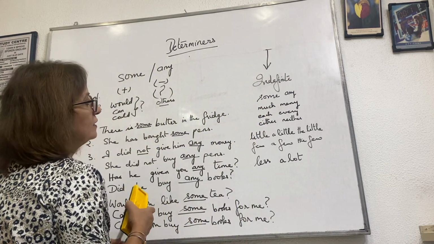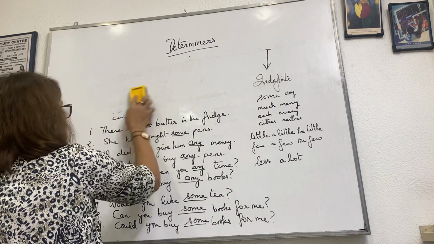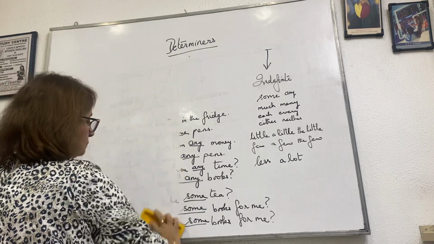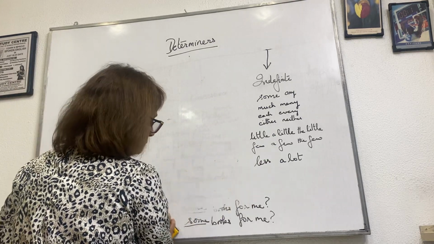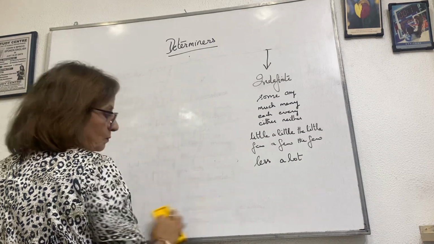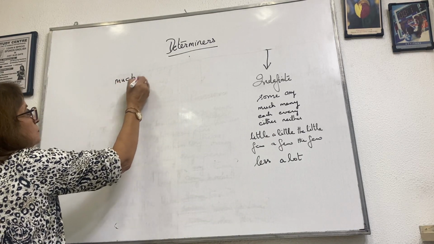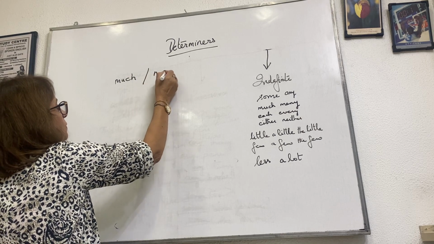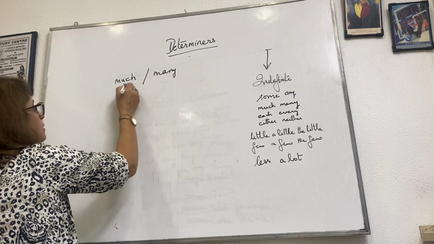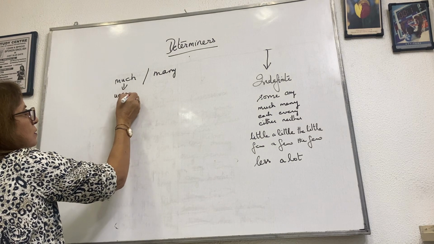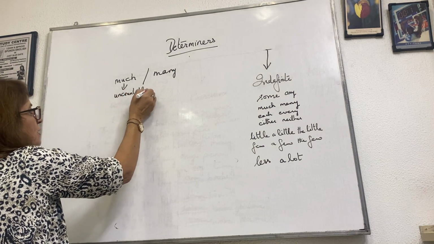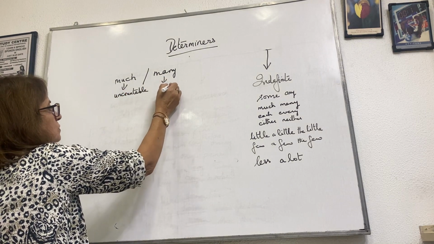Now let's take the other one, much, many. Next is much, many. Much we always use with uncountable, which we can't count, and many we use with countable nouns.